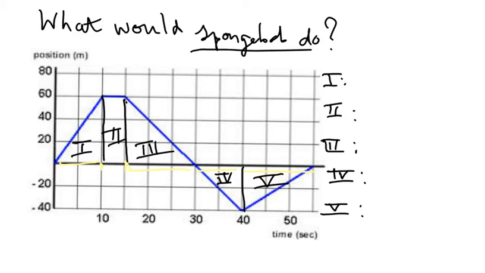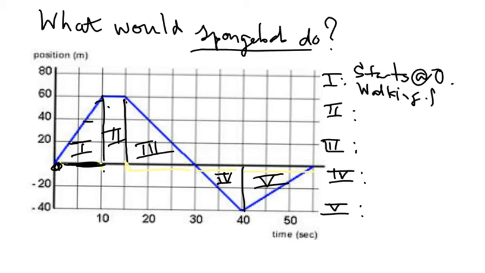Okay, so in time period 1, right here between 0 and 10 seconds, it looks like SpongeBob starts at 0 meters. And then because his distance increases, his position is getting bigger, he's walking forwards for the rest of that time.